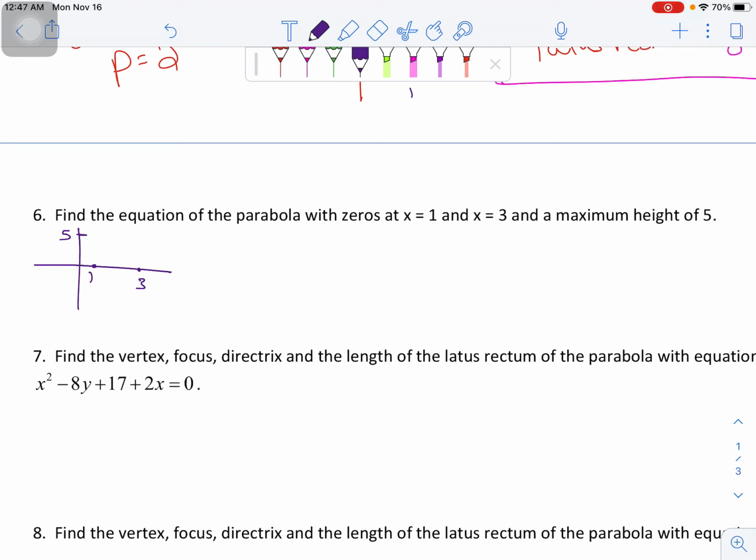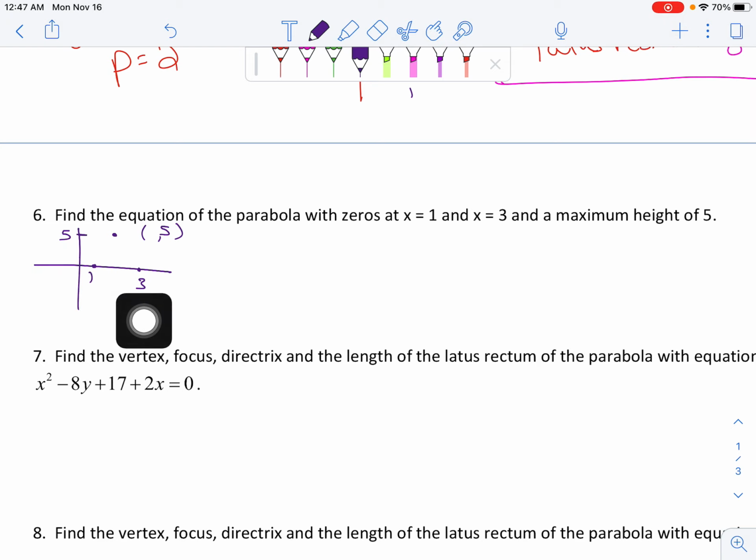And the maximum height here, the word maximum tells me that this is a concave down parabola. So I know that my vertex is going to hit the y value of 5. And the other piece I know is parabolas are symmetric.